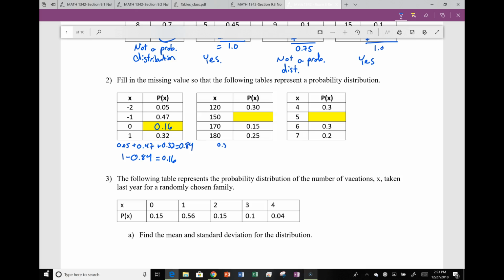We're going to say 0.3 plus a 0.15 plus 0.25, and that's going to add up to a 0.7. Well, 1 minus 0.7 is equal to a 0.3. So this is a 0.3. And then on the last one, 0.3 plus 0.3 plus 0.2, that's a 0.8. 1 minus 0.8 is a 0.2. Because all of these values in each column must add up to 1.